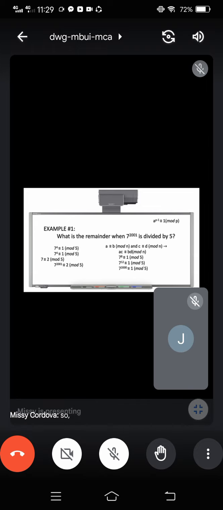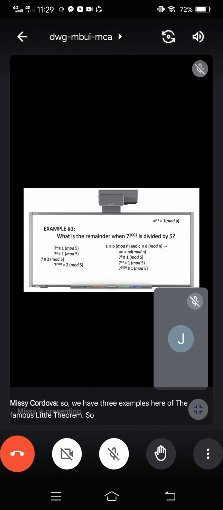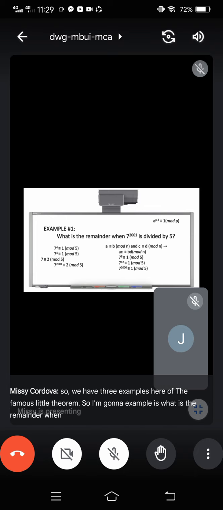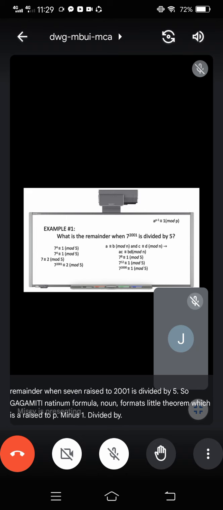So, we have 3 examples here of Fermat's Little Theorem. Ang unang example is: what is the remainder when 7 raised to 2001 is divided by 5? Gagamitin natin yung formula ng Fermat's Little Theorem, which is a raised to p minus 1 has remainder 1, or is congruent to 1 modulo p.